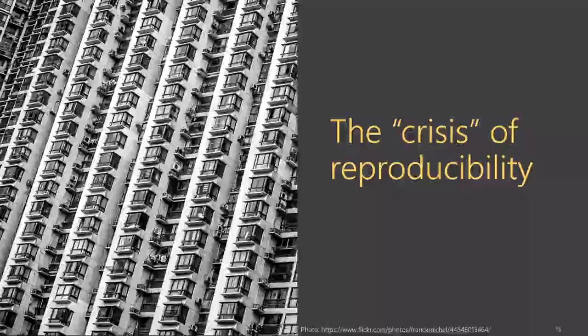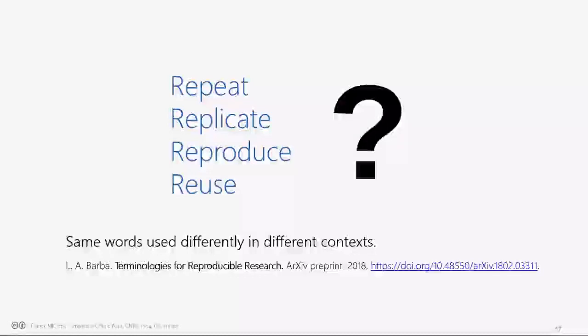At first, let's make a bit of vocabulary clarification, because when you talk about reproducible research, you may see these different terms: repeat, replicate, reproduce, reuse. These terms are used differently in different contexts because there are discrepancies in how people understand the words. Here I will present one of the definitions that exist out there.